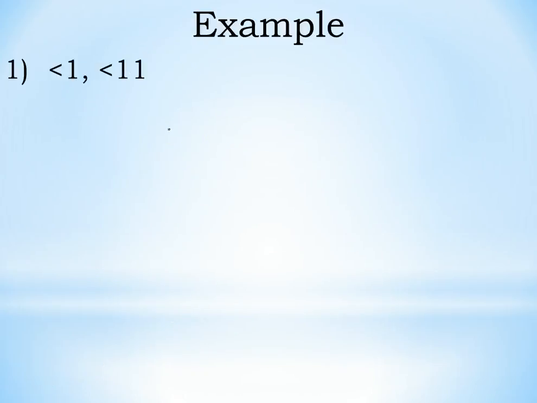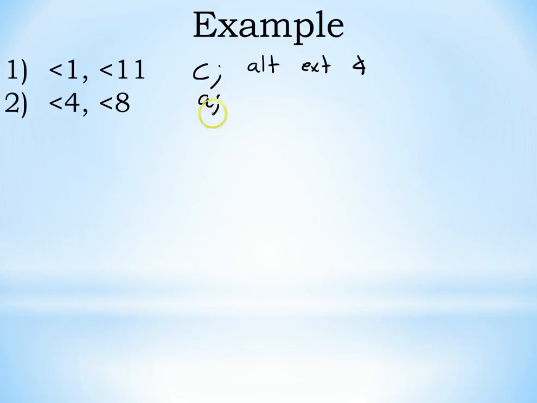Alright, so angles 1 and 11. If we take a look at our diagram, angles 1 and 11 are formed by the transversal C, and they're alternate exterior angles. Angles 4 and 8 are formed by the transversal A, and they are corresponding angles.